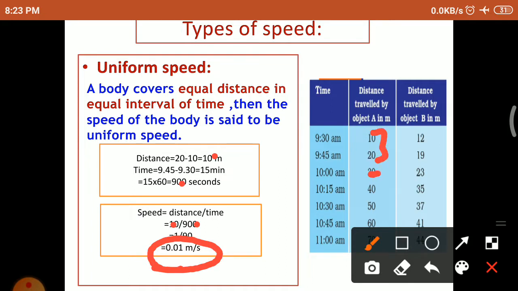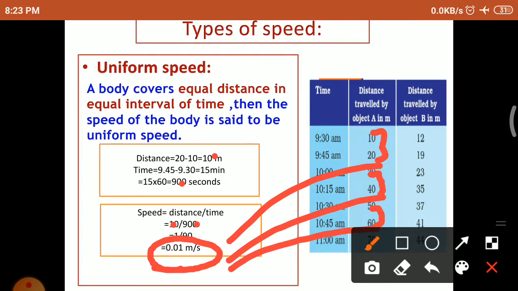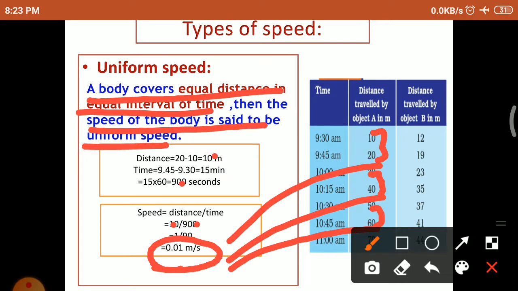If you take any other two values, you get the same value. So from this we can say that when a body covers equal distance in equal intervals of time, the speed of the body is said to be uniform. That means we get the same speed, 0.01 meter per second, for all other values also. So the speed is uniform speed.